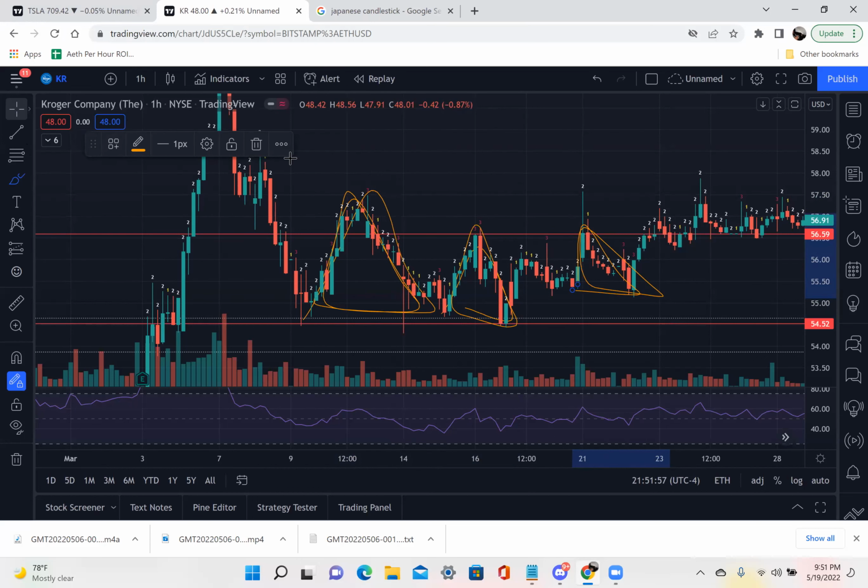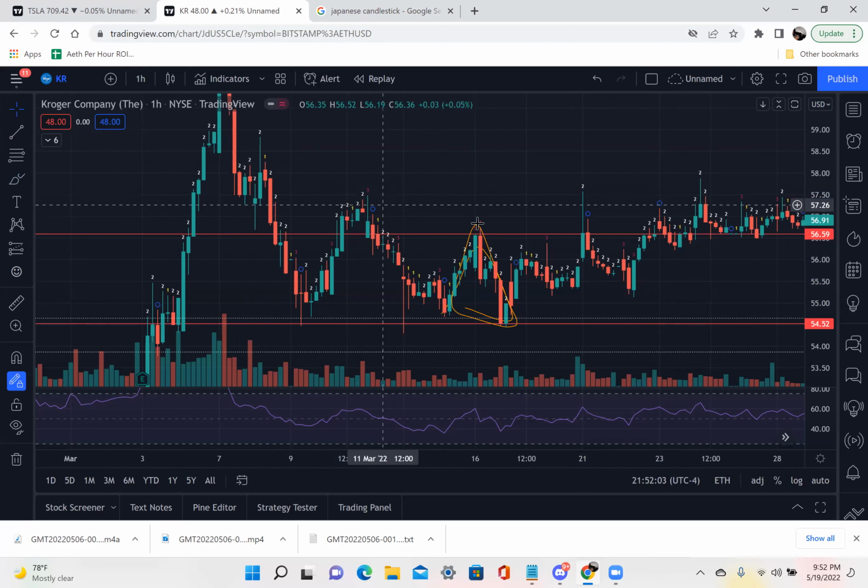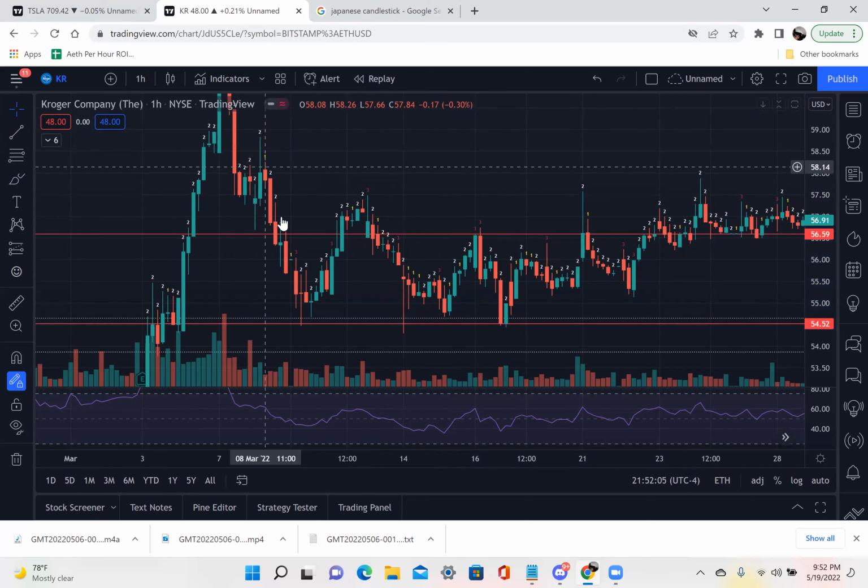Once I see a triangle forming, like, let's say, oh, I'm on an hour, that's why. Okay, cool. So we opened up right here at 9 o'clock. Boom, we come down, we hit some support.